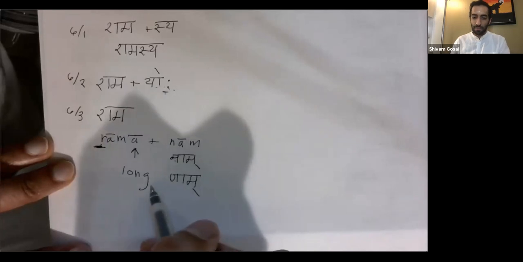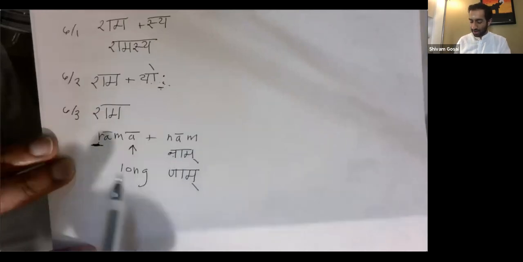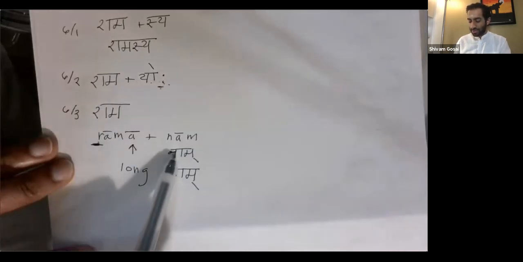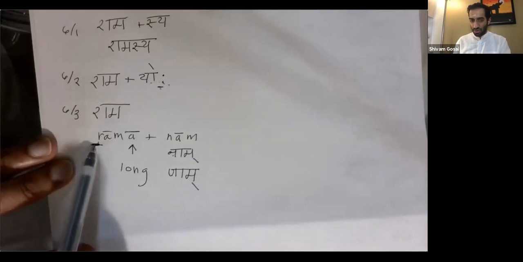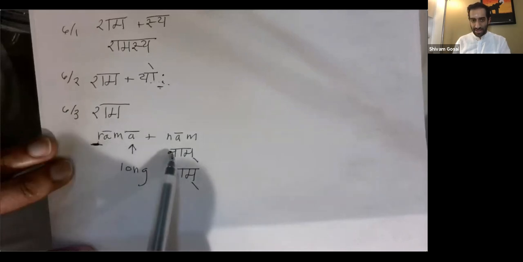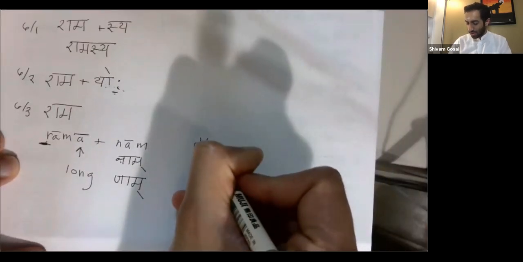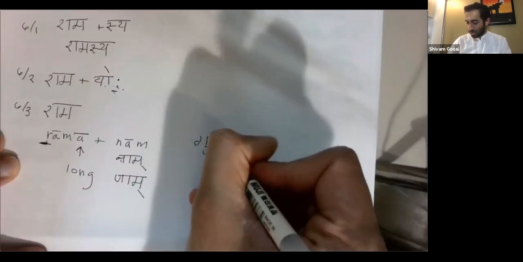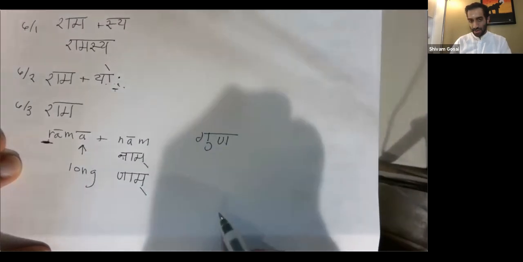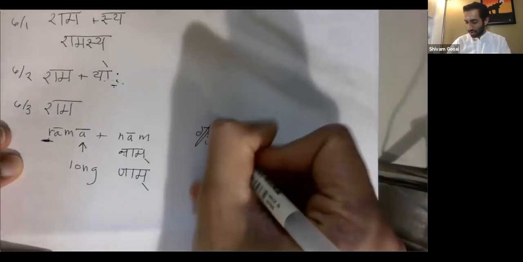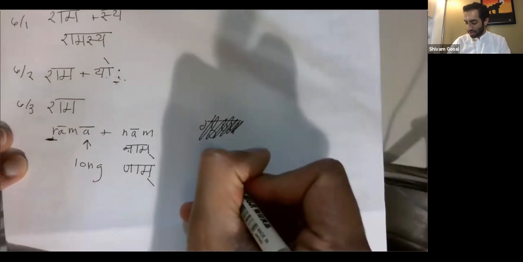The rule is more complicated than that, and it will take half an hour to explain. So we're going to just skip that, right? But sometimes you will see, like in Rama, this nakara becomes murdanya nakara. But if there's no rakara before, this just stays like this. So for example, like guna, or let's say Devadatta.